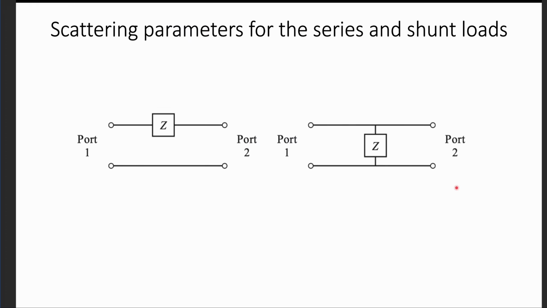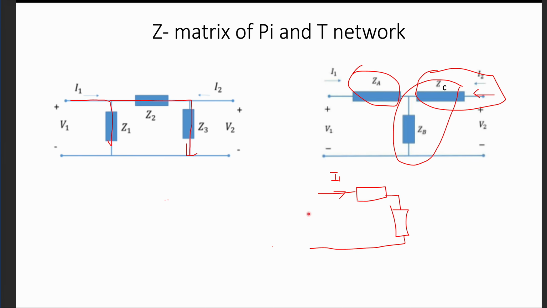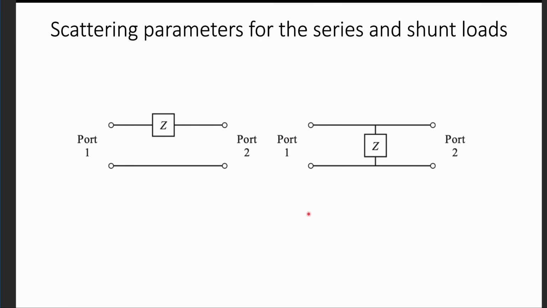Now let's try to calculate the scattering parameters. Suppose you have a series load and a shunt load, like this. As we did, we tried to find the Z matrix of two networks, pi and T. Now please try to calculate the scattering parameters if you have a two-port network and both ports have Z0 of 50 ohm, the characteristic impedance of port 1 and port 2.